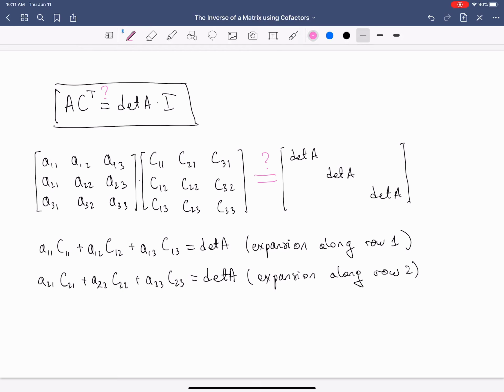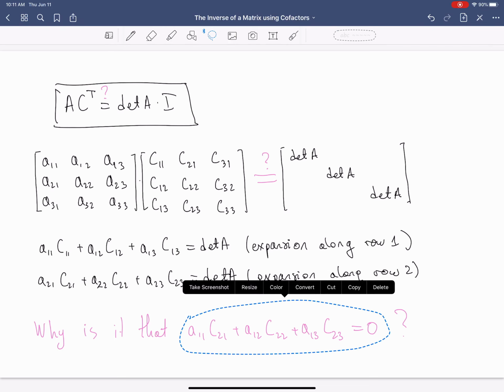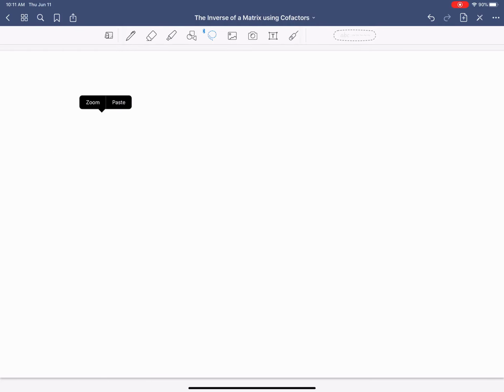So why is it that A11 C21 plus A12 C22 plus A13 C23 equals 0? Okay, this is the big question. And we will address it right here. So why is this the case?